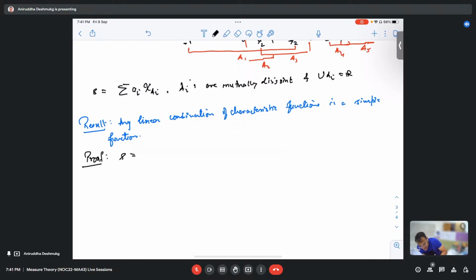Suppose I write it like this: S is summation a_i chi_{A_i}. Okay? And of course, the A_i's are not necessarily mutually disjoint, and the union of A_i may not be equal to X.